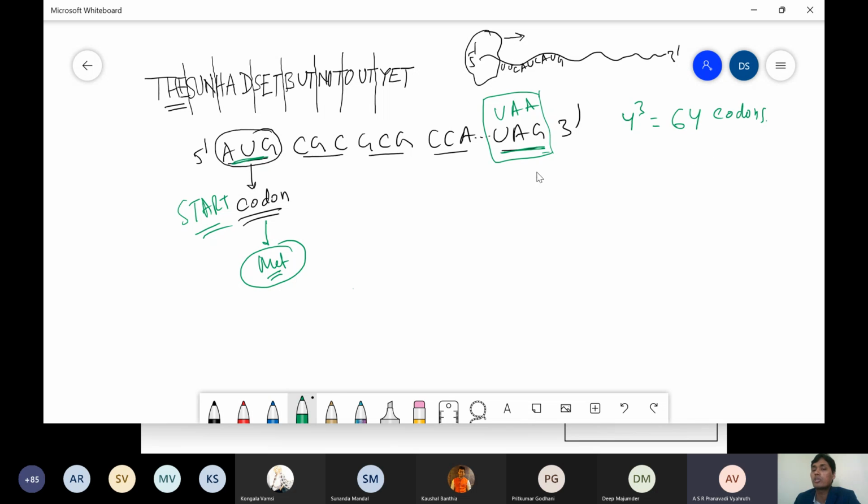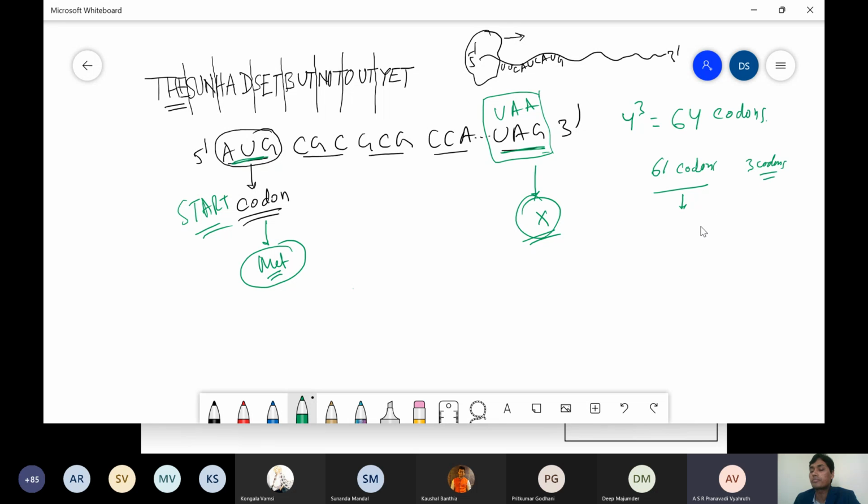And the 3 stop codons don't bring any amino acid. That's why translation stops, meaning the protein will not be synthesized anymore. It will be done here. So 61 codons, including the start codon, bring different types of amino acids, and 3 codons are stop codons.